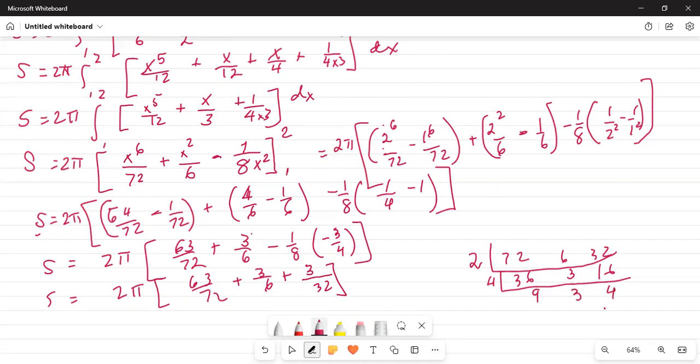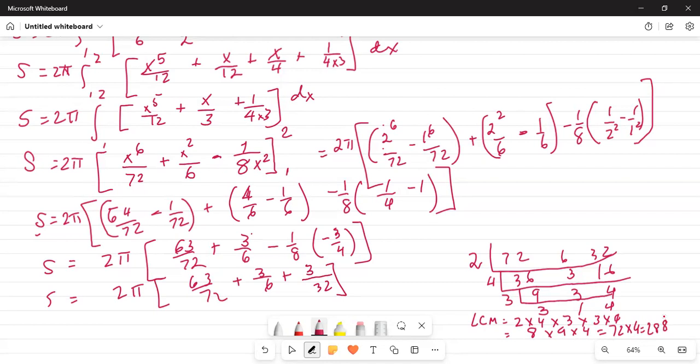Is there anything common between them? Yes, we can take 3 as the common factor: 3, 1, and 4 left over. So the LCM is 2 times 4 times 3 times 3 times 4, which is 8 times 9 times 4, or 72 times 4, which is 288.